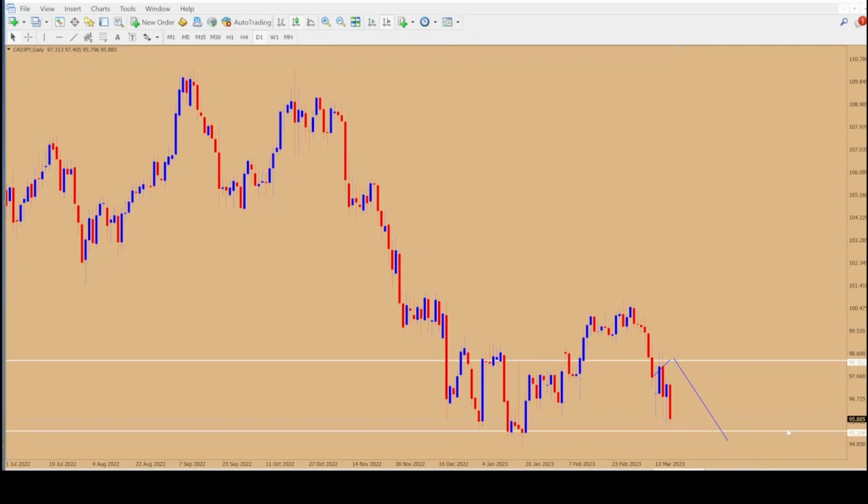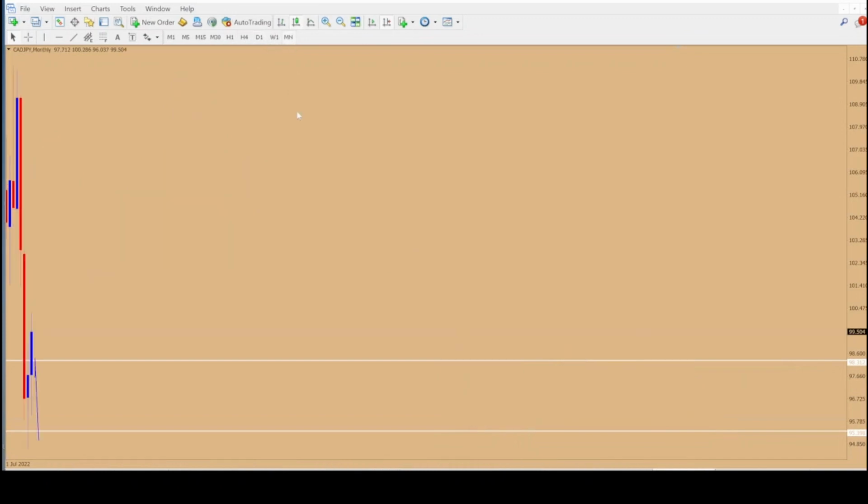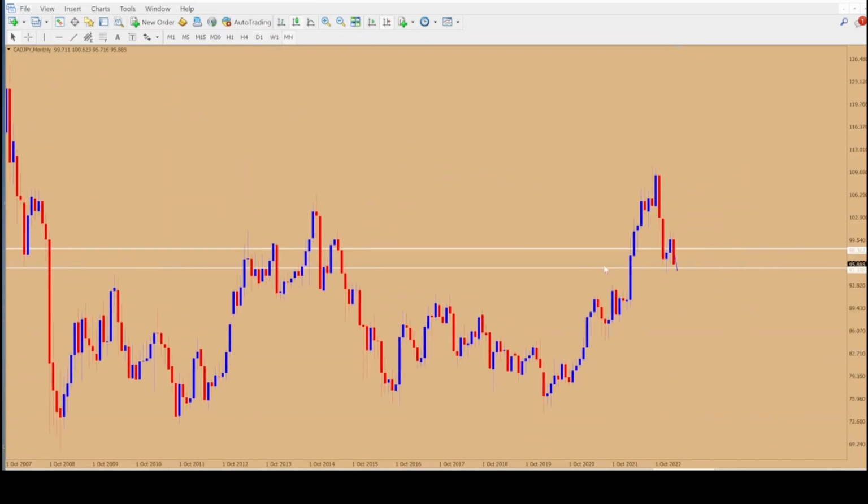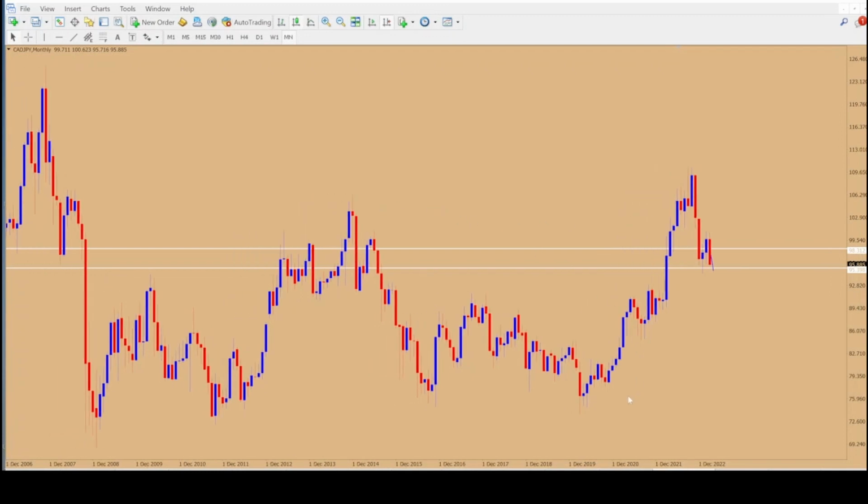Well, I would like to see the market come into the target, this 95.39 area, and then do a significant close above. Then we might see new prices in the 98.31 area. But if you check on the higher time frame, you see that overall it has been a bullish momentum, right?